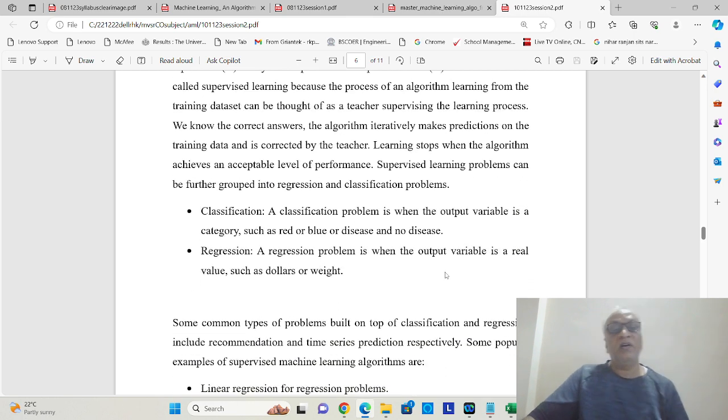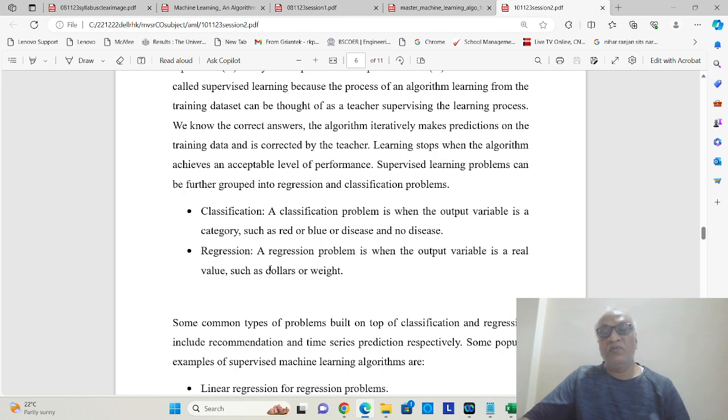Supervised learning can be categorized further into classification and regression problems. What are classification problems? You have a class label such as yes and no, salary greater than 50,000 or not, color is red or blue, disease is there or not there.